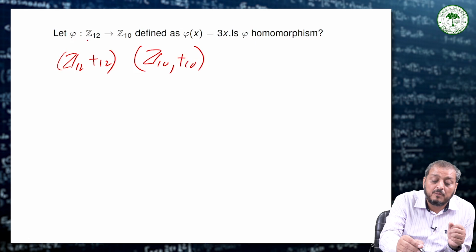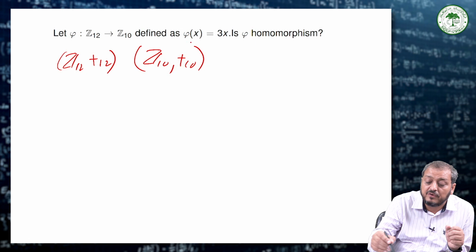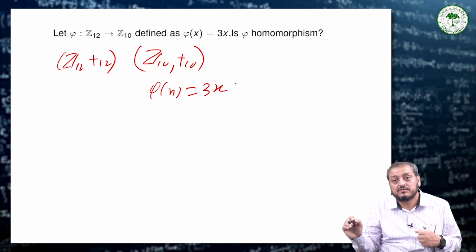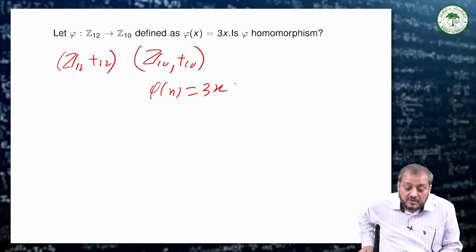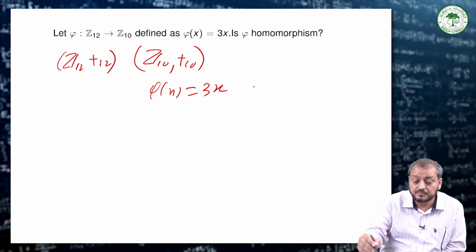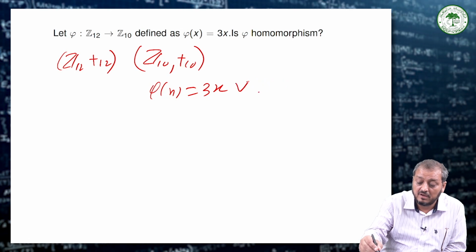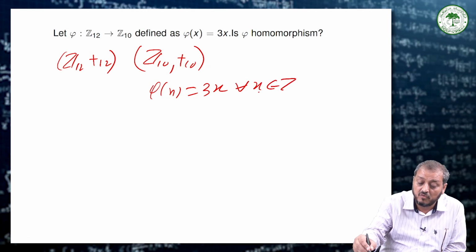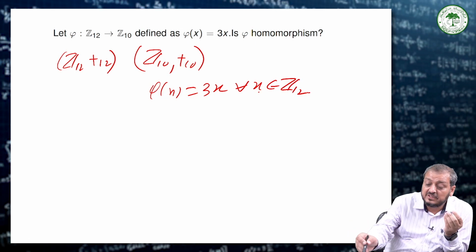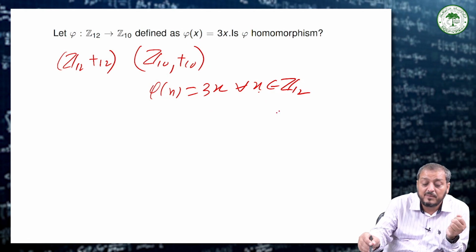We have phi from Z12 to Z10, defined as phi of x equal to 3x. This means that for every x in Z12, phi of x is 3 times an element of Z12.